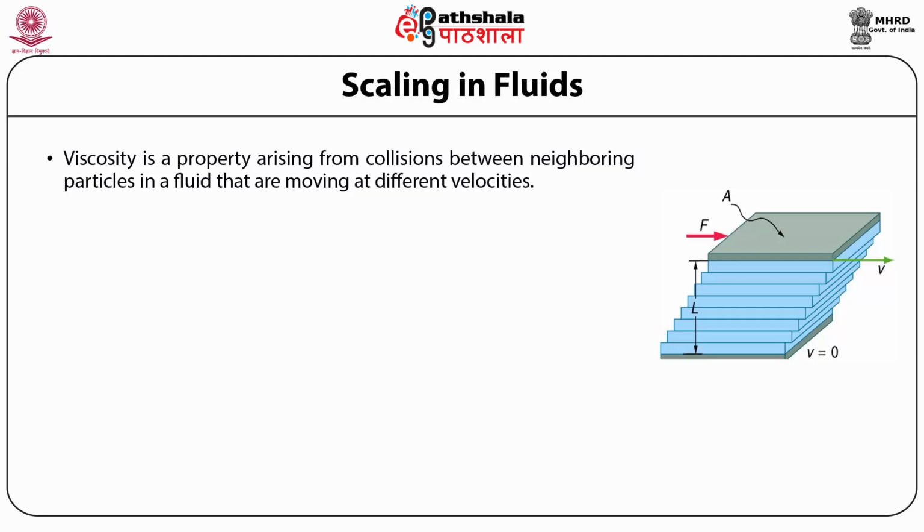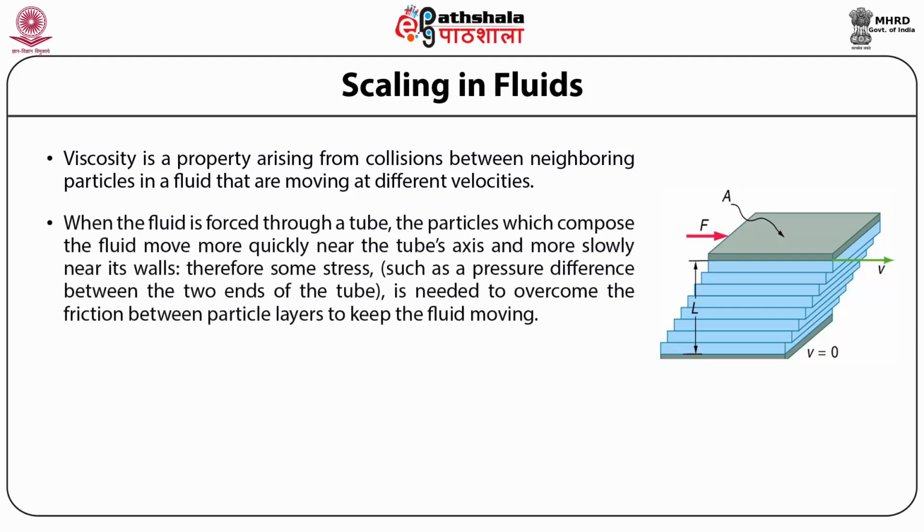So, when a fluid is flowing through a tube, the particles which compose the fluid move faster along the tube's axis compared to those particles that move near the wall of the tube.